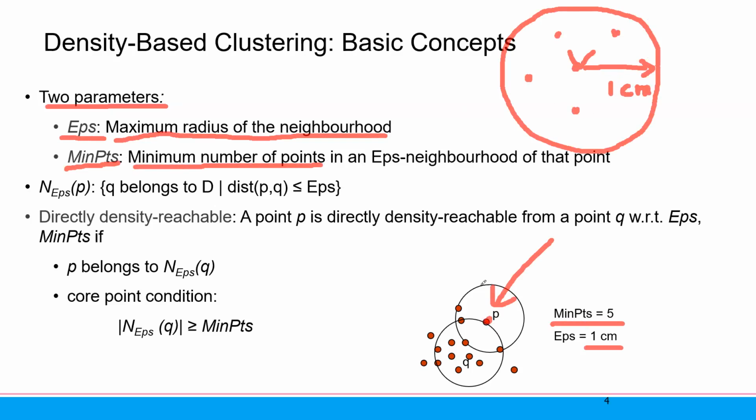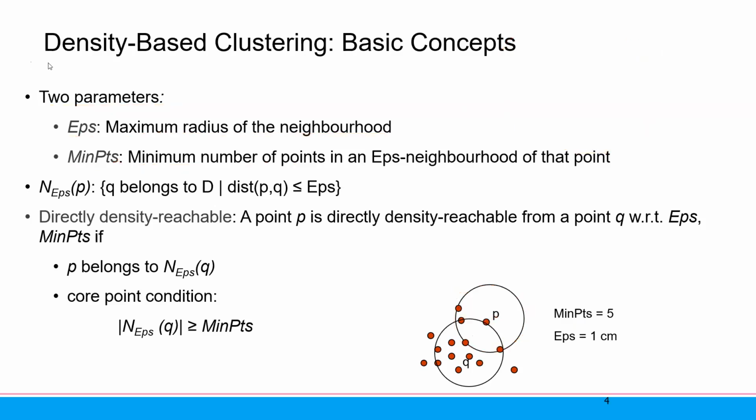For example, in this circle we have 1, 2, 3, 4, 5. So if it is 5, then we can make one cluster. And then we can see what the elements of that particular cluster are.